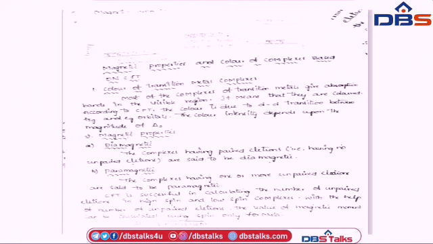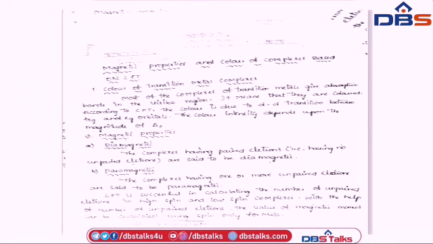According to crystal field theory, the color is due to d-d transitions between the t2g and eg orbitals. The color intensity depends upon the magnitude of the energy.